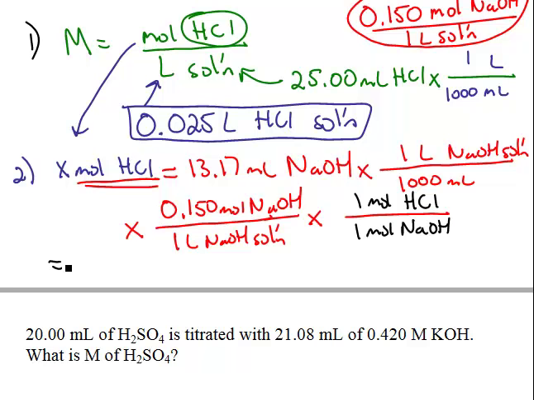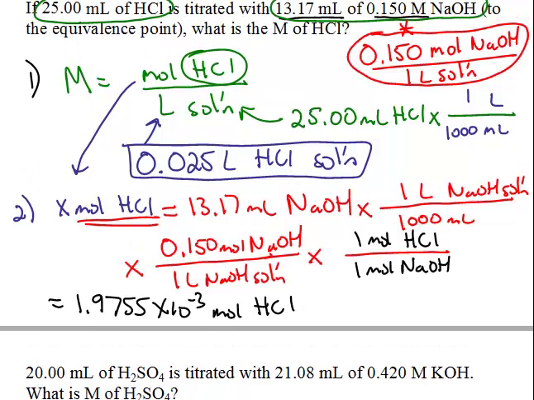The moles of hydrochloric acid, when you multiply this out, gives you 1.9755 times 10 to the negative 3 moles of hydrochloric acid. That's the numerator that we need for this problem.